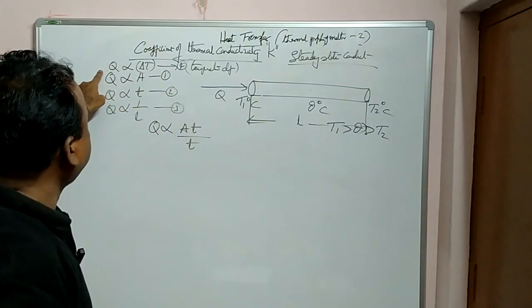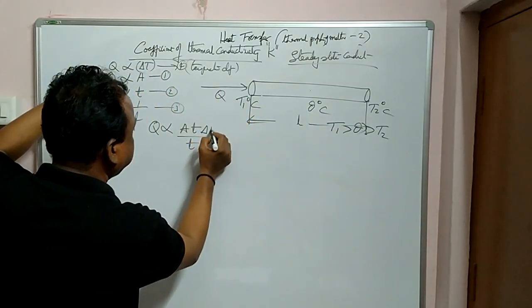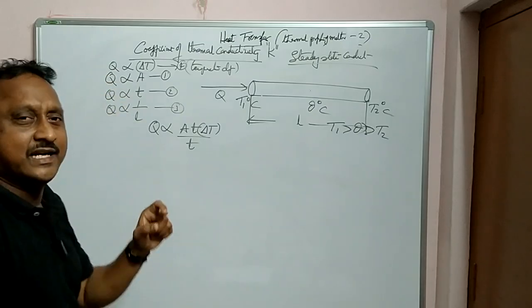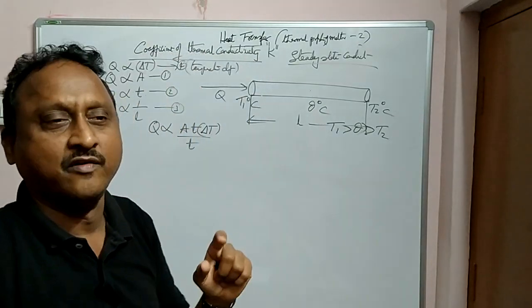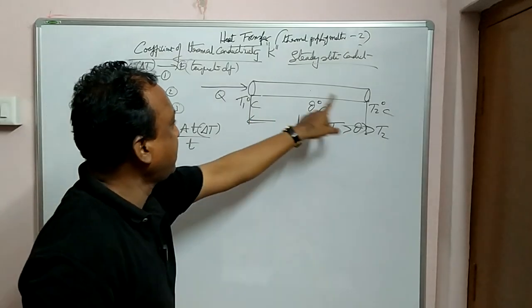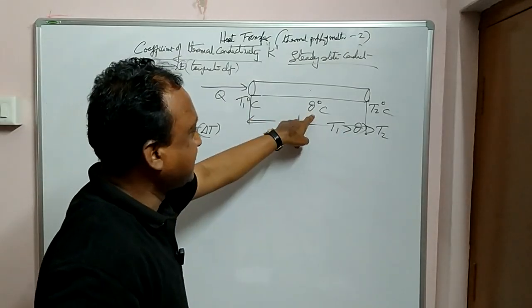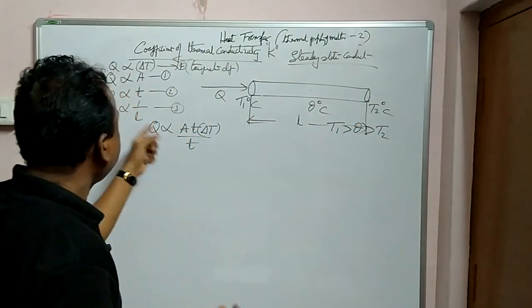So one more is there, that is delta T, the temperature difference, higher minus lower. Which is higher out of all these three? This is higher, next is this junction, and last is that one. So I put that also.